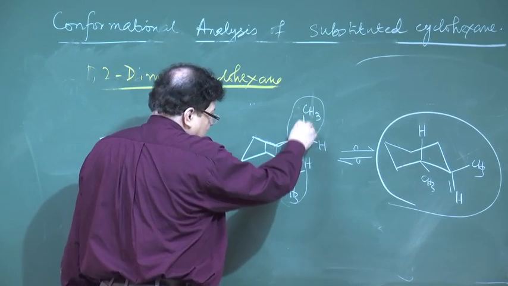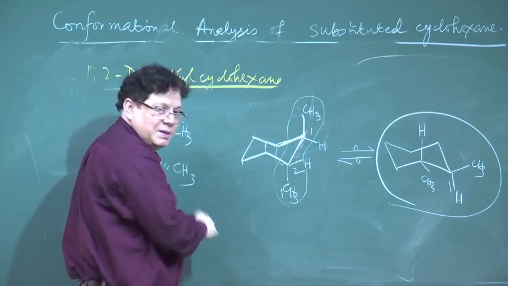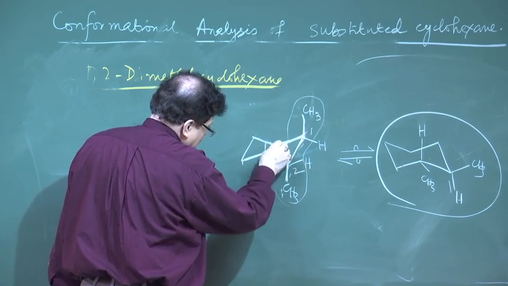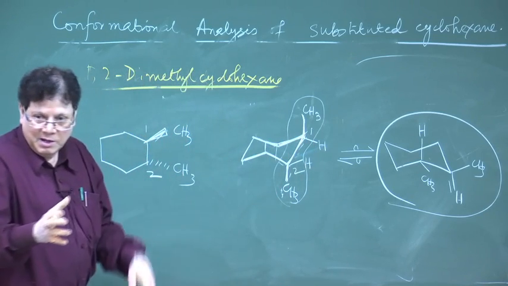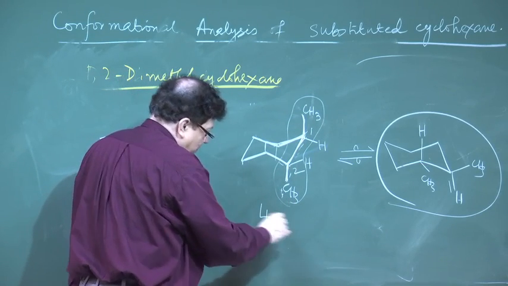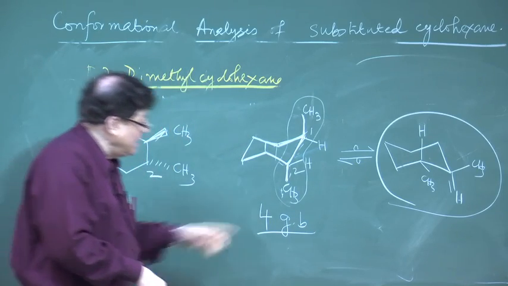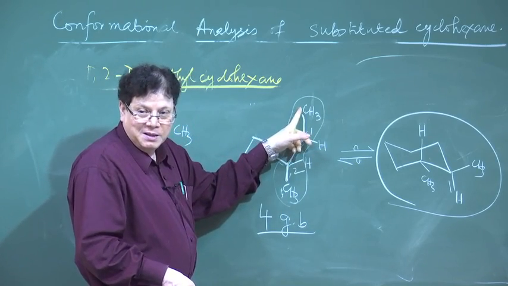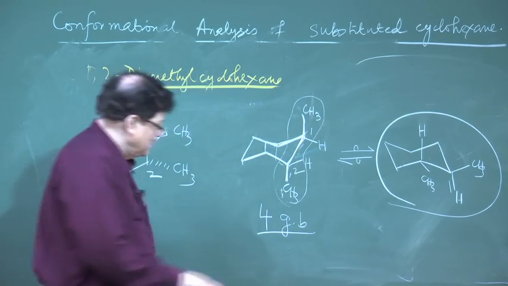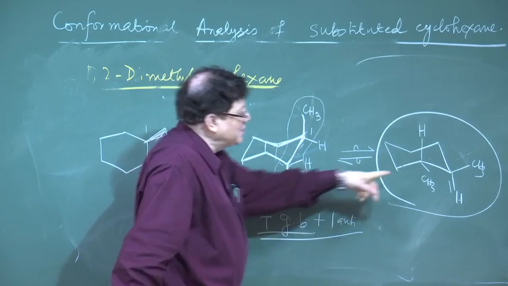So, this is axial. So, that will immediately put 2 gauche butane units. This is also axial, that will immediately put 2 gauche butane units. So, these 2 axial methyls have 4 gauche butane interactions, and fortunately the mutual one is in the anti form.